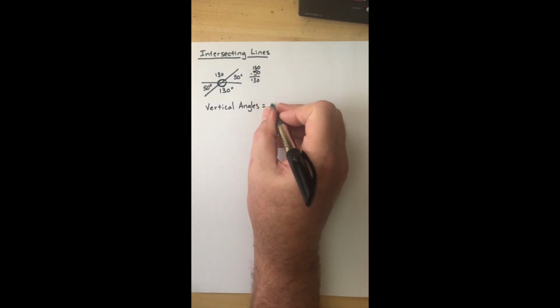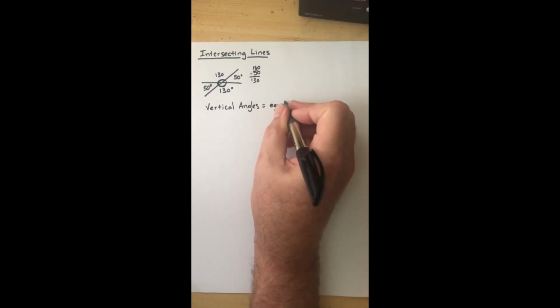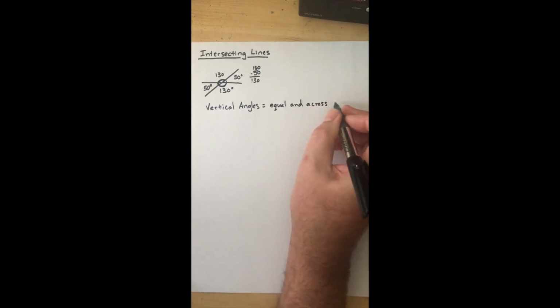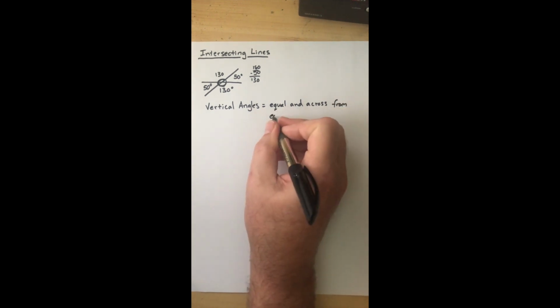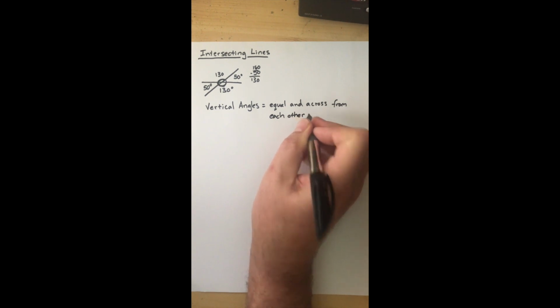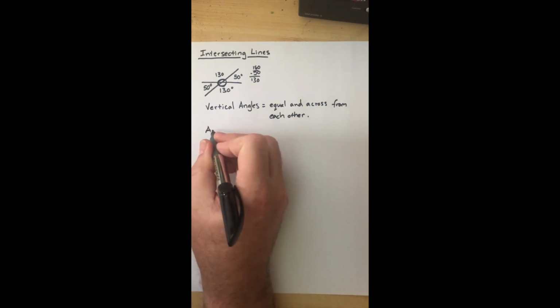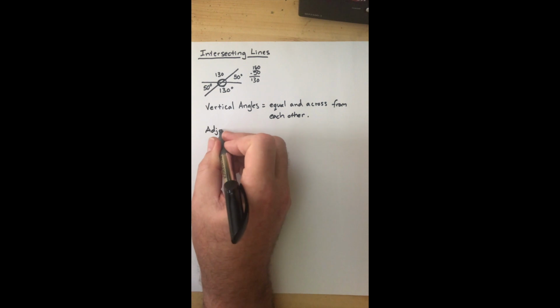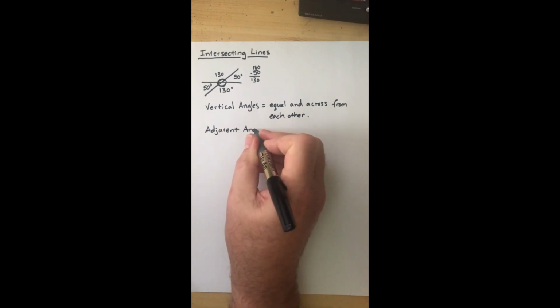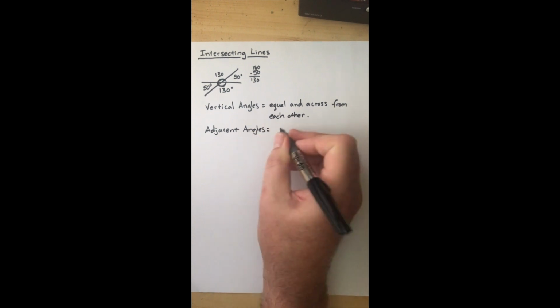Vertical angles are equal and across from each other. And adjacent angles are next to each other.